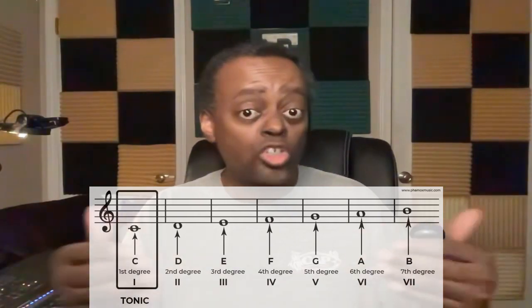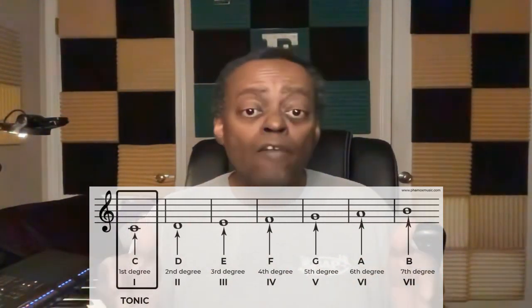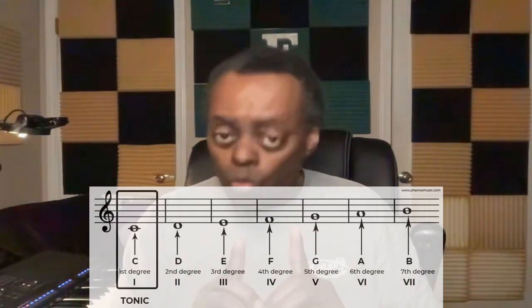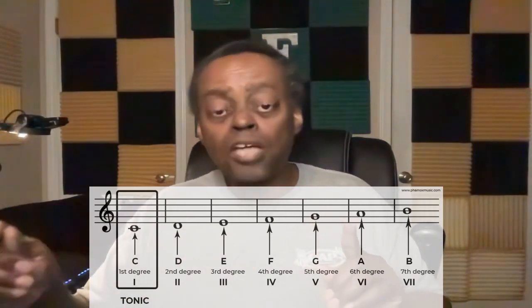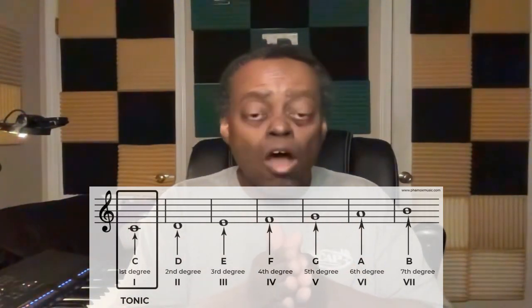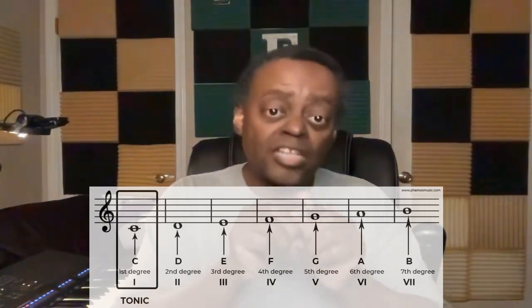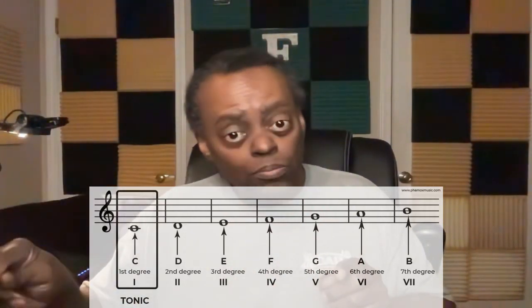Remember, we call those degrees? The first scale degree of your scale is tonic. That's important because all of these intervals we're going to talk about are based off of that tonic. They are the distance from the tonic to the key you're playing.